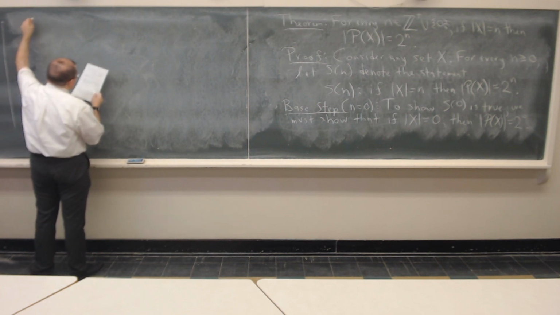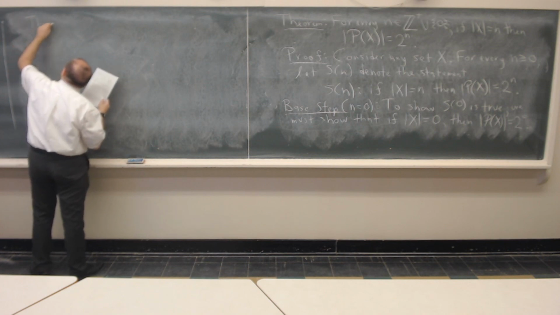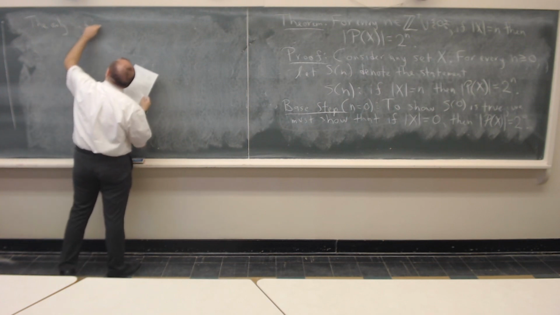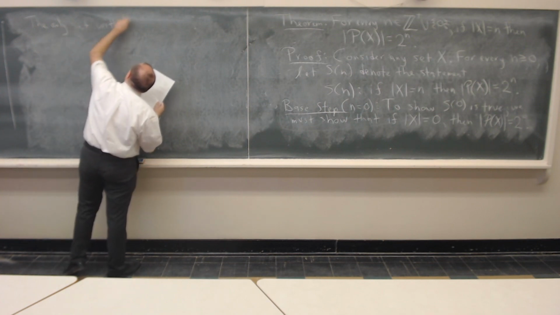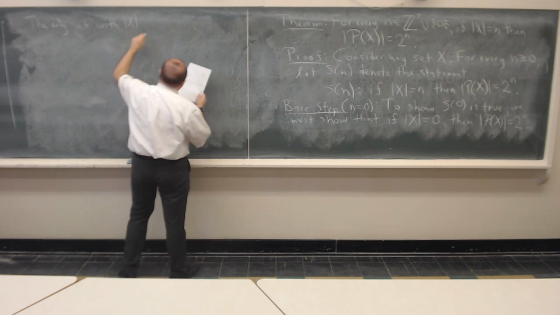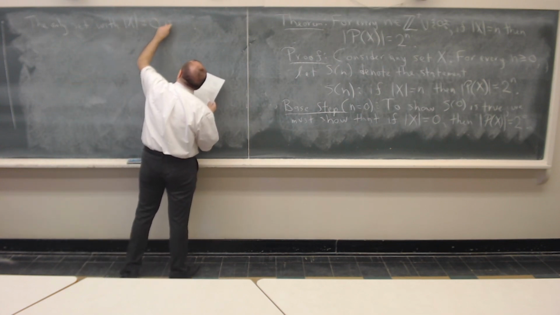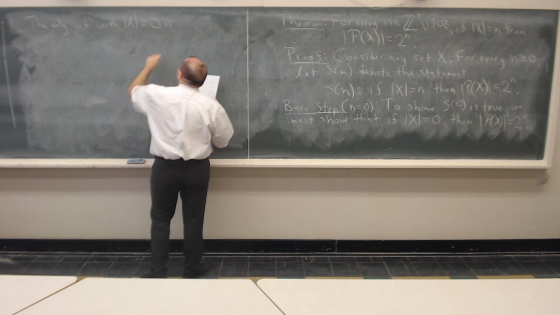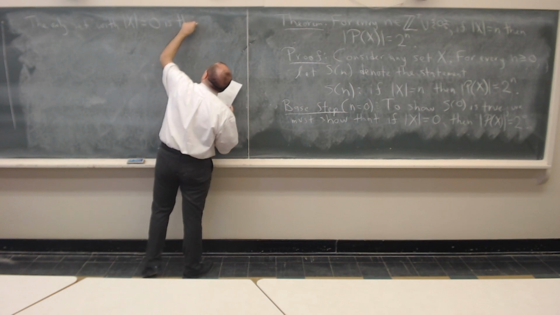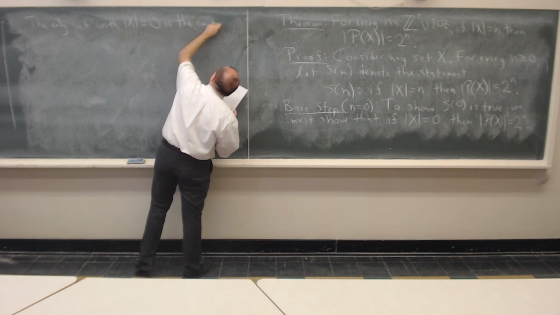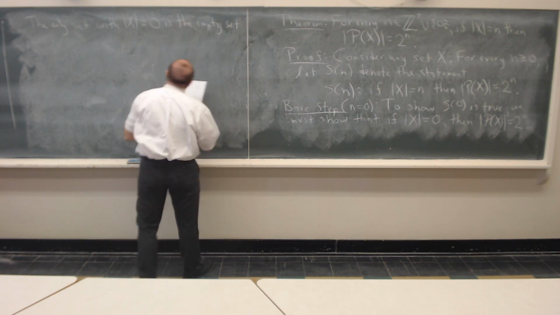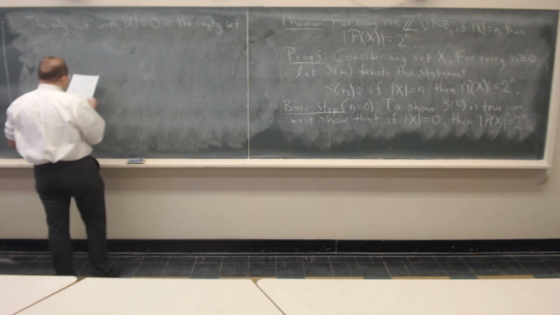So, let's notice that the only set with cardinality of X equal to 0 is, there's only one, right? It's just the empty set.